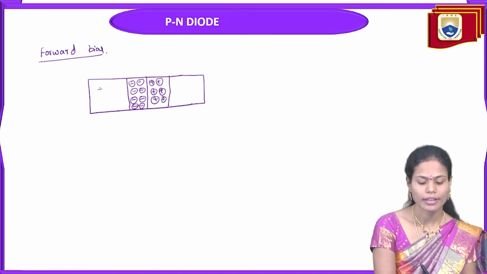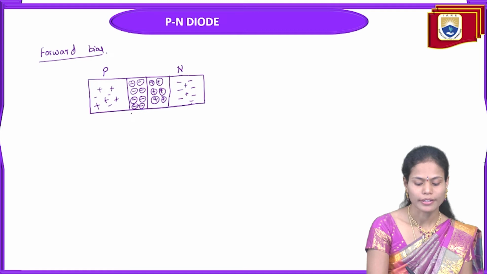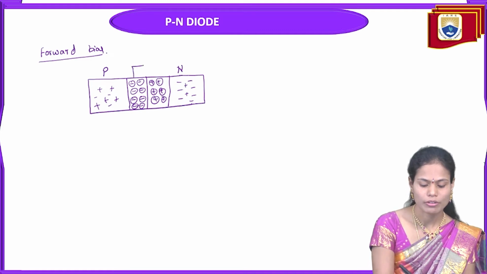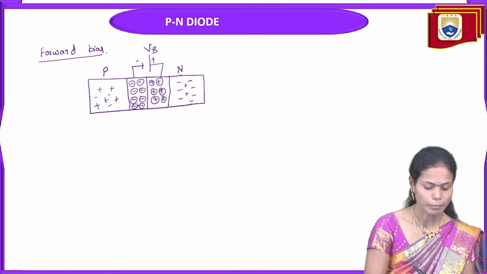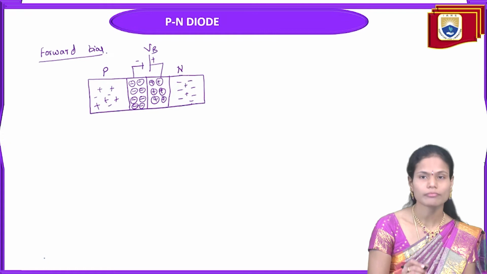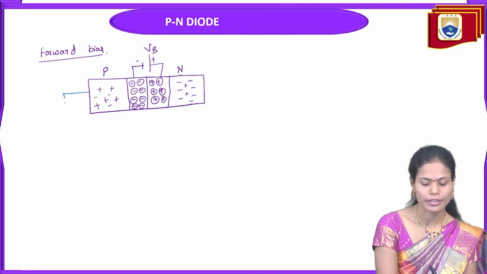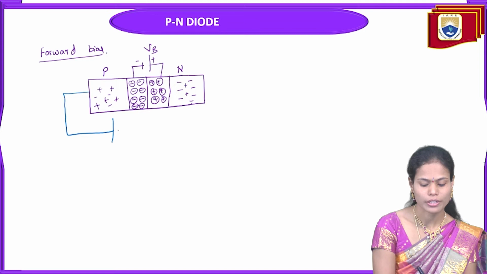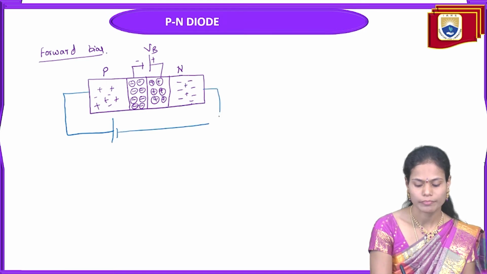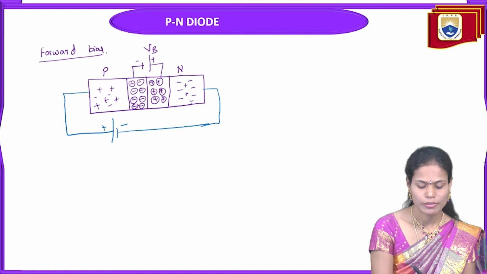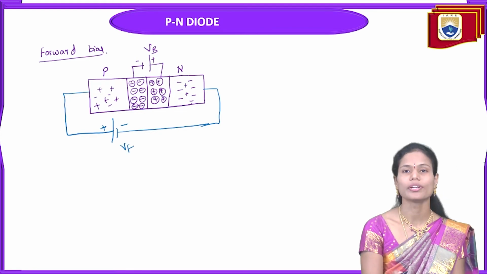Here we have many holes and few electrons, and here we have many electrons and few holes. This is the P side, this is the N side. This potential we call the barrier potential VB. For this PN junction diode, we provide the bias with the positive terminal here and the negative terminal here. So we are applying the forward voltage VF.